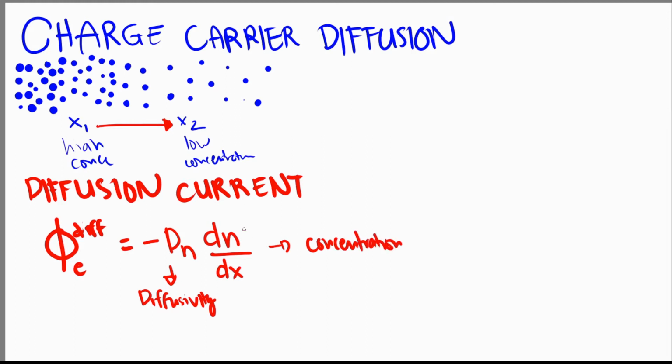So remember n, this is your concentration of electrons. And dx is yung x2 minus x1.